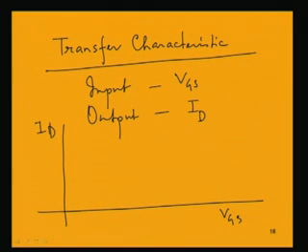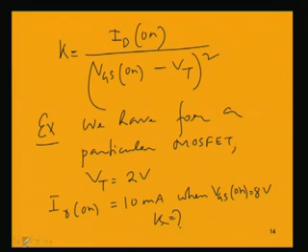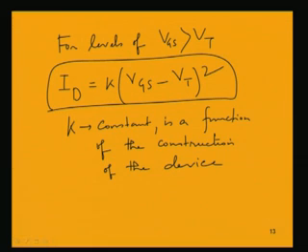So, how to draw this characteristic is one important thing. As this ID characteristic is nonlinear, as we have seen in this relationship, we will have to fit a nonlinear curve. It is not enough to find only 2 points and connect, but we will have to know a number of points and connect them to get this transfer characteristic. So, that we will be discussing later.